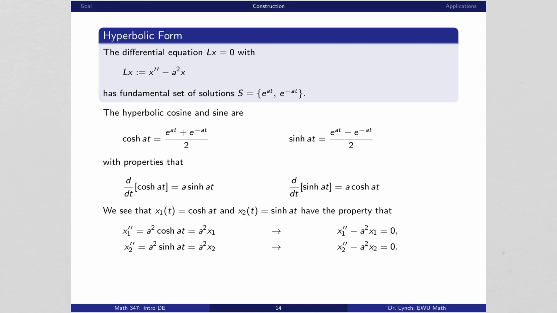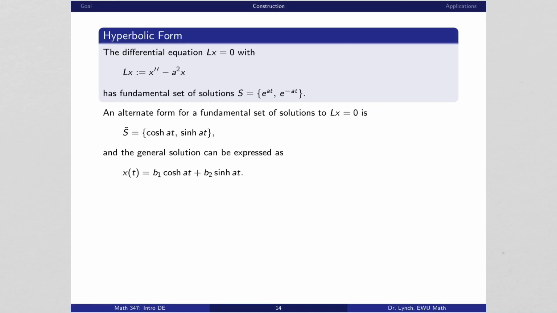That being said, we can see quickly that when x1 is cosh of at and x2 is sinh of at, both have the property that they satisfy this differential equation x double prime minus a squared x equals 0. Those are two functions which are not linearly dependent, right? They're linearly independent. So together they form an alternate fundamental set of solutions to the differential equation x double prime minus a squared x equals 0.